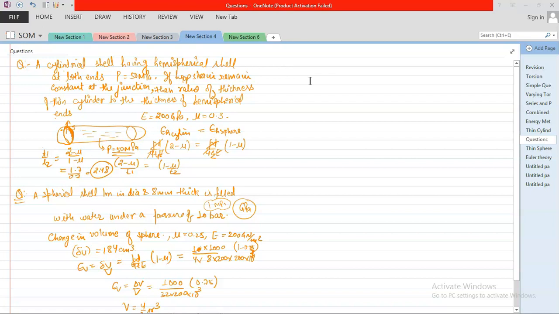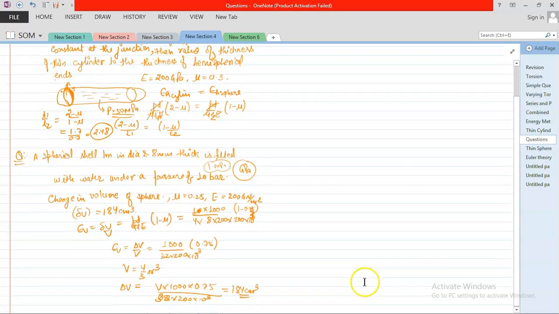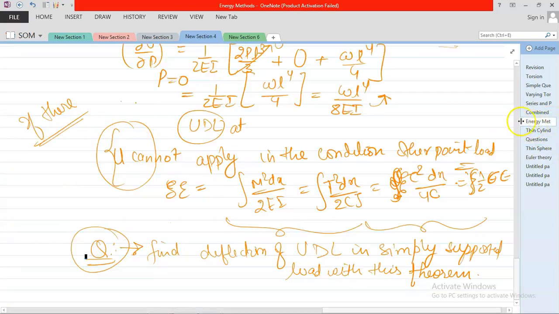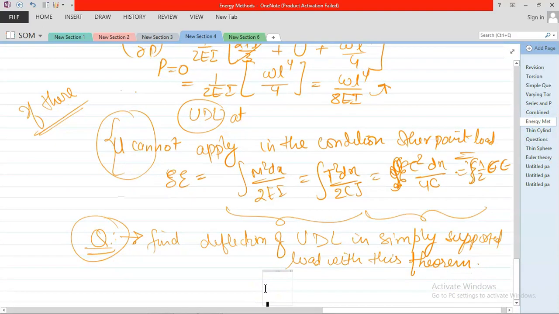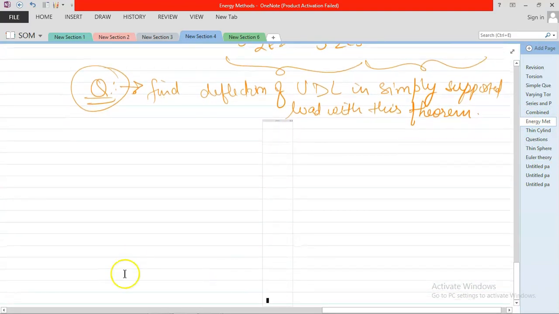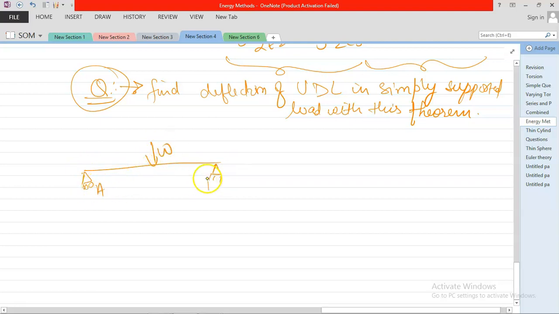So I'm going with a question on energy stored in the energy methods, and here I'm going to discuss a question. Suppose by the energy methods, we need to find the total strain energy stored in the beam.